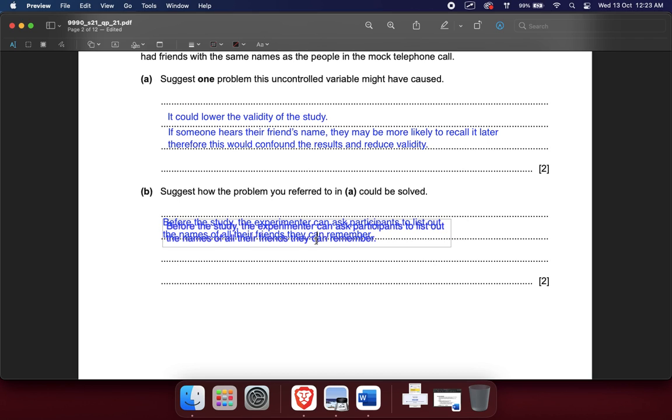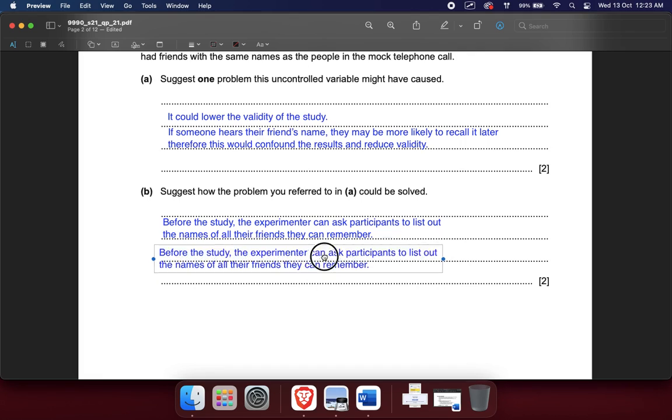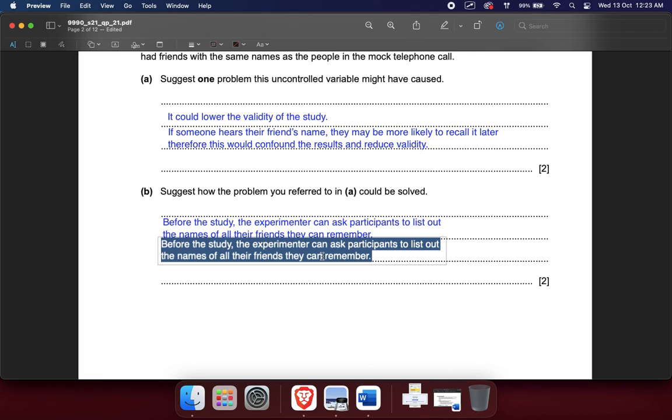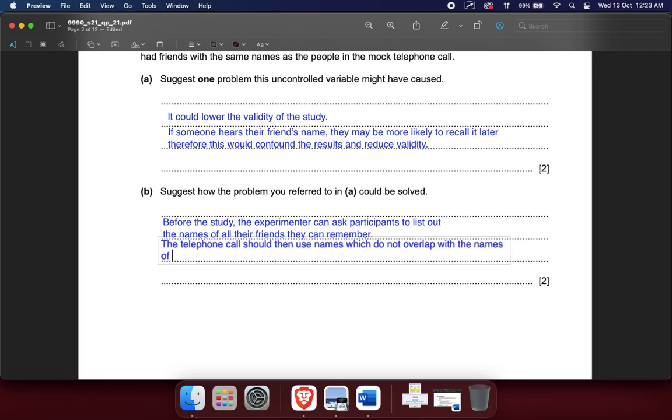And then, the telephone call should then use names which do not overlap with the names of friends from the participants in order to increase validity, in order to avoid confounding the results.